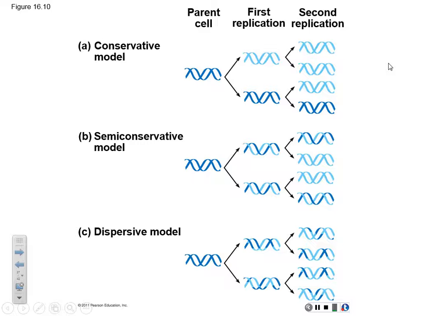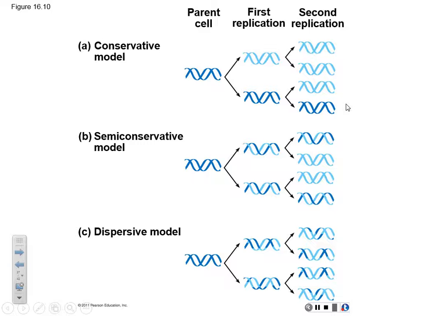If you separated out the DNA molecules on the basis of their density, the semi-conservative model after the second round of DNA amplification would have one band of DNA that was in the middle and one band that was floating at the top because it was less dense. I'm using my hands here.